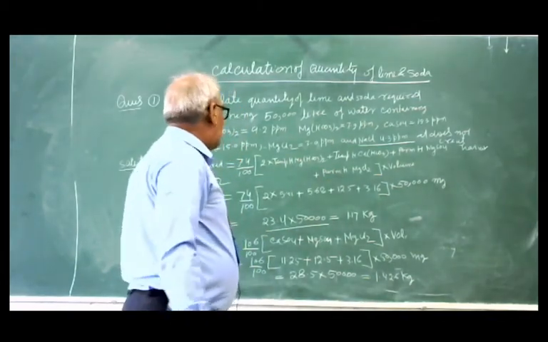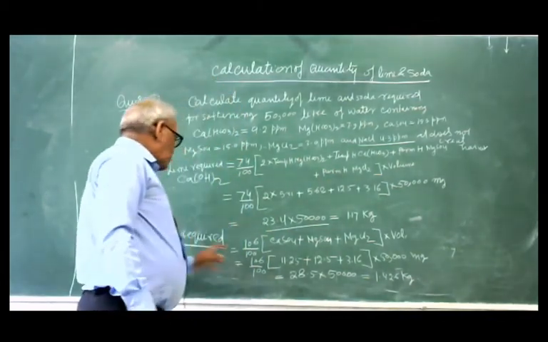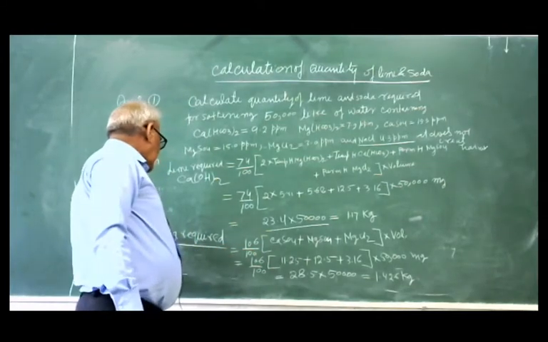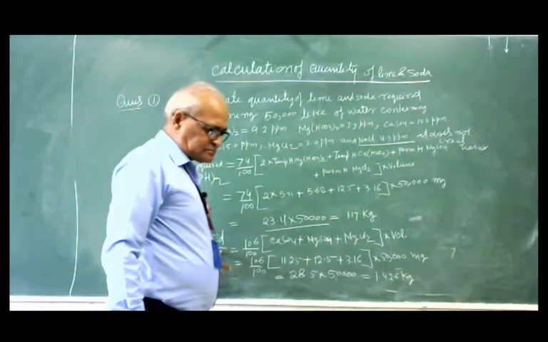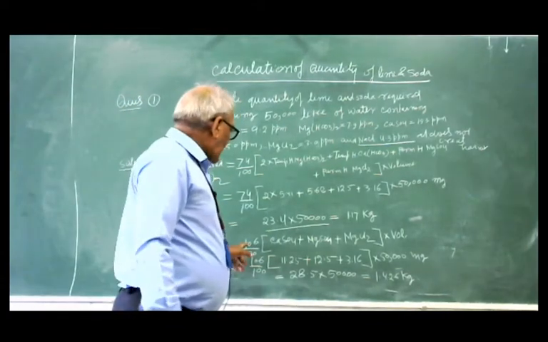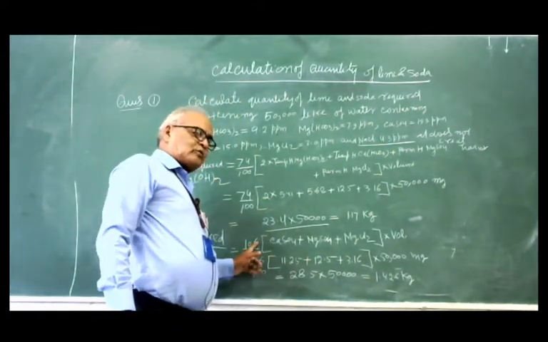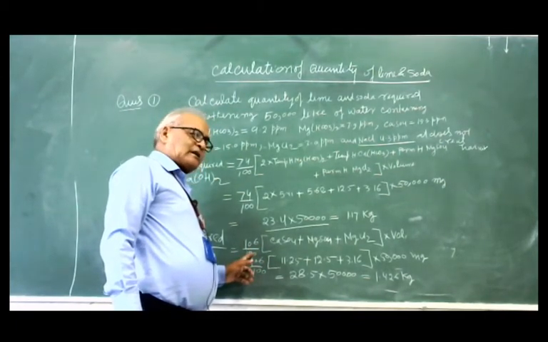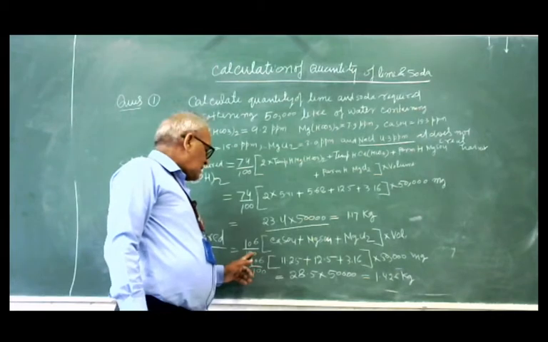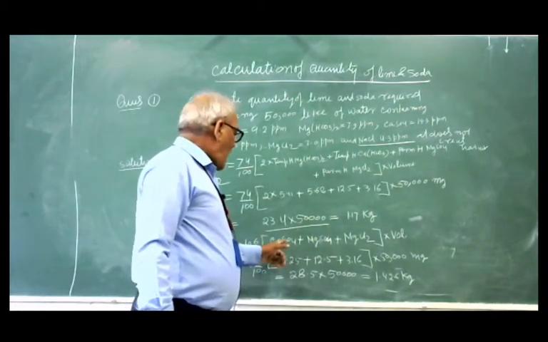Second thing, this is the formula required for the calculation of the quantity of the soda required. 106, this is the molecular weight of the soda, divided by the molecular weight of the calcium carbonate, multiplied by hardness.